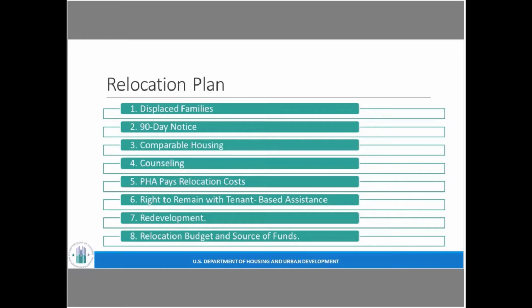So moving on to a couple other little things with relocation. If a housing authority is proposing redevelopment of the property after or in conjunction with the conversion, for instance, a demolition and new construction through an AHAP process, then the housing authority needs to think about the impact of that on the families. When will the families be physically displaced?